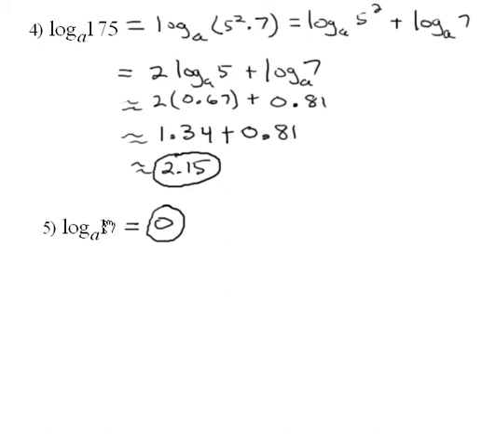And the log of 5/5 is the log of 5 minus the log of 5. And that would be 0.67 minus 0.67, and subtracting anything from itself is 0. Yes, you could also say that's the log of 7/7. Log of 7 minus the log of 7 would be 0.81 minus 0.81, which again would be 0.